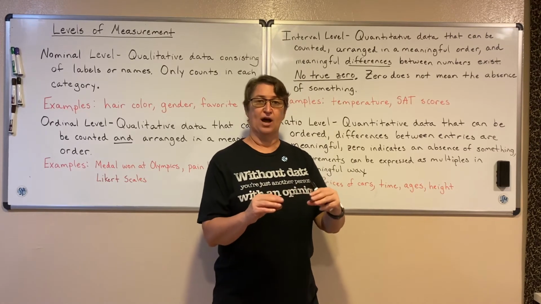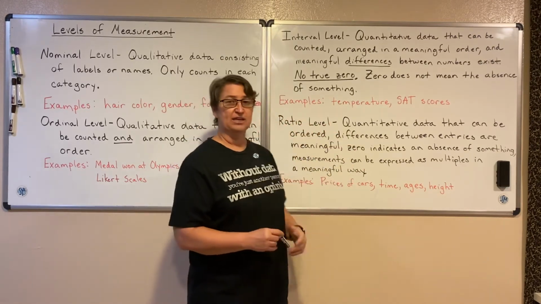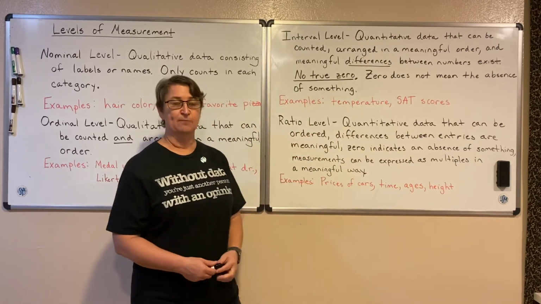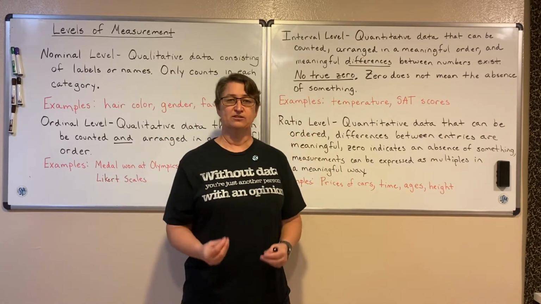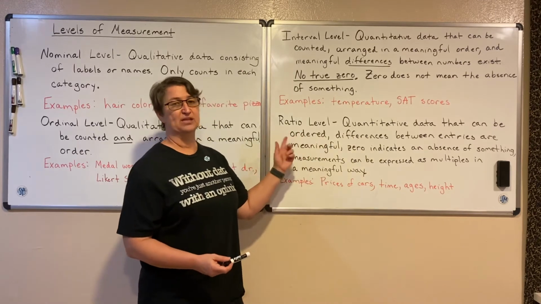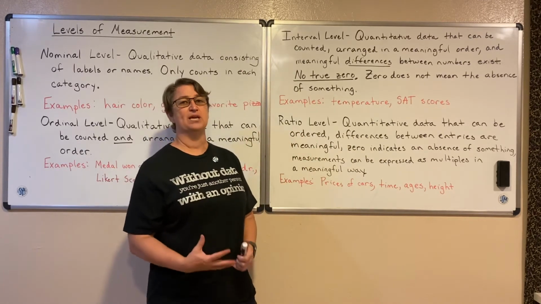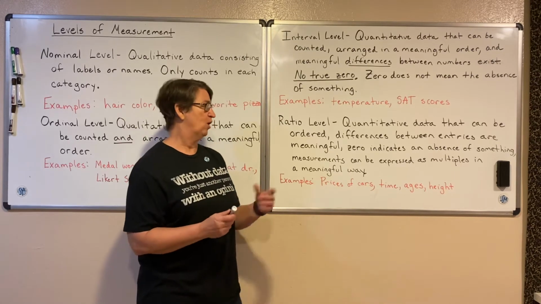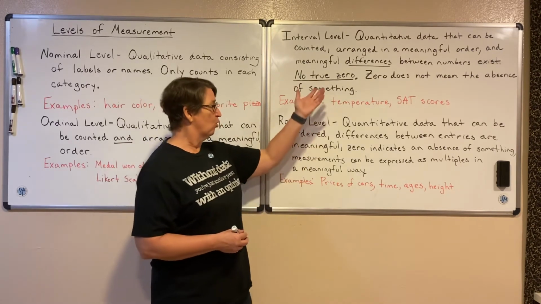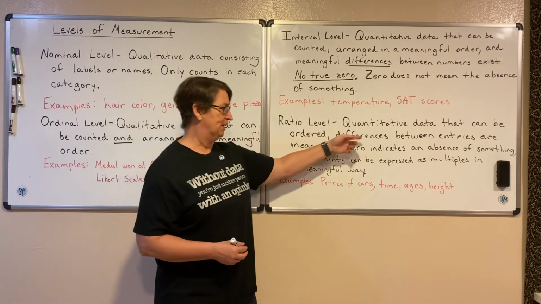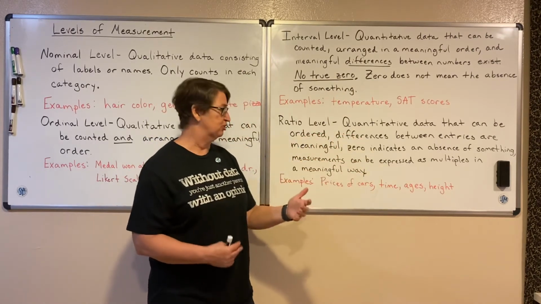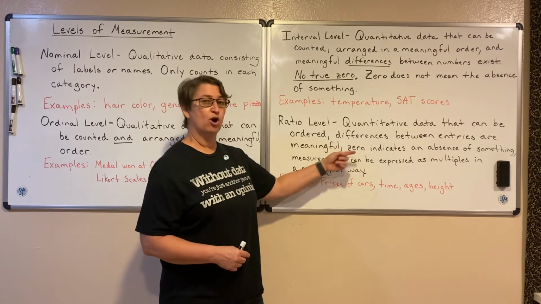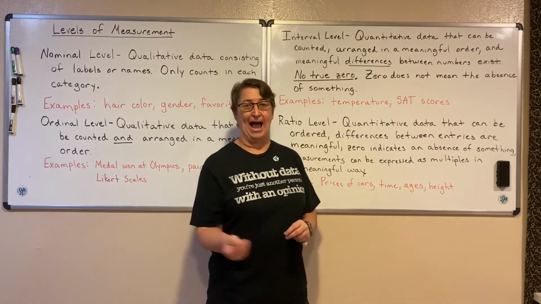kind of contrived. Last but not least, at our highest level of measurement, we have ratio level of measurement. And again, we're talking about quantitative data. In order for it to be at this ratio level, it must be a quantity. So we're collecting data that is a quantity. And it can be ordered as before. There are meaningful differences between our entries. But in addition to that, the zero indicates an actual absence of something.